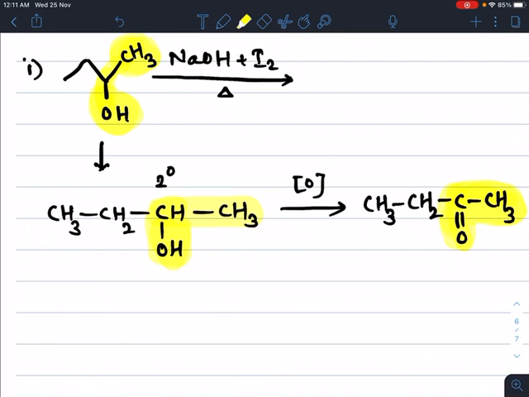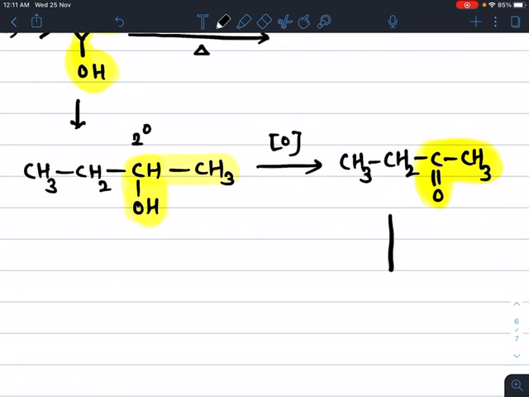So those aldehydes or ketones which contain the methyl ketone group undergo the formation of iodoform, the haloform test. If it further undergoes the haloform reaction, that is, reaction with NaOH and iodine with the mixture heated, the CH3 group is finally converted into CHI3, and the other group is converted into ONa, the sodium salt of the carboxylic acid.